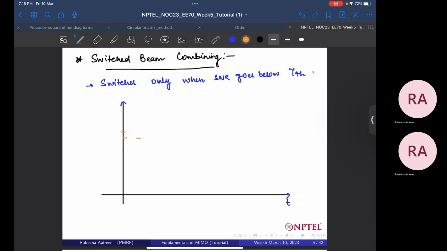So this is your threshold power. This is the output from the first link. This one is the output from the second link.